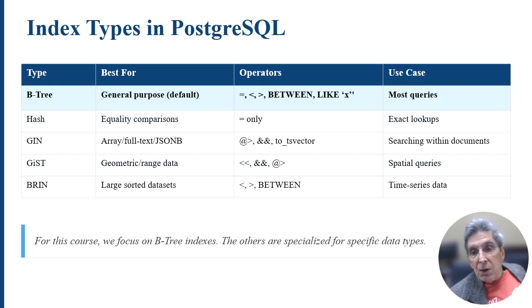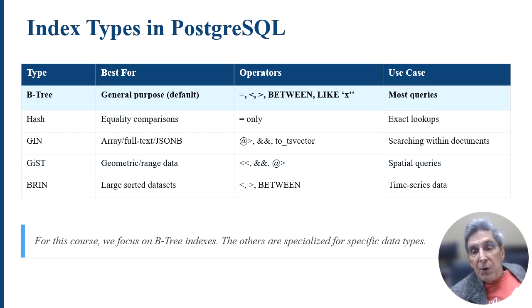GIN, which stands for generalized inverted index, is specialized for arrays or full text search and JSONB data. GiST is used for geometrical and range data types, which you might encounter in spatial queries. And BRIN, which stands for block range index, is very efficient for large tables where data is physically sorted, such as time series data, where newer records are always appended at the end. So the data is partially already sorted naturally.